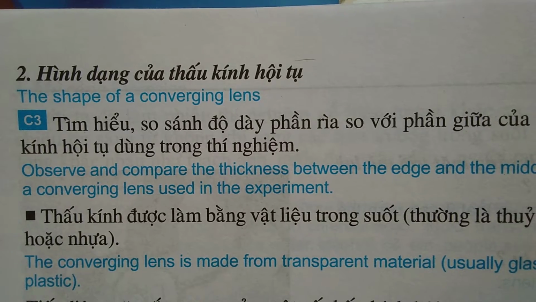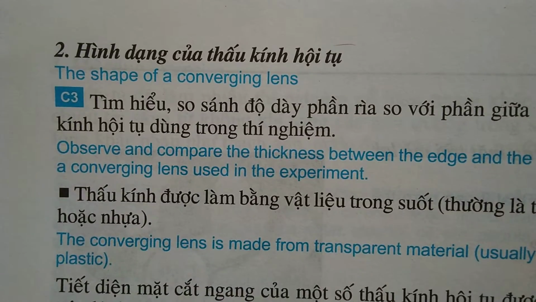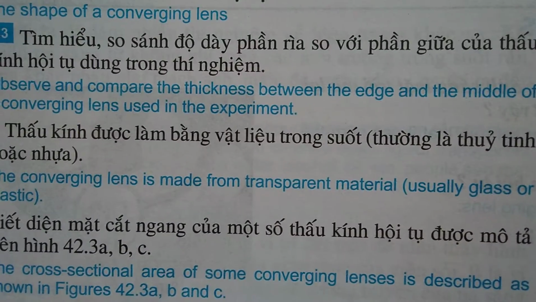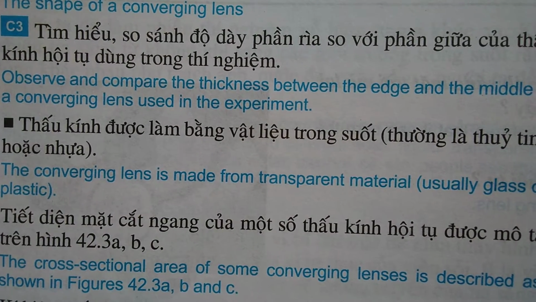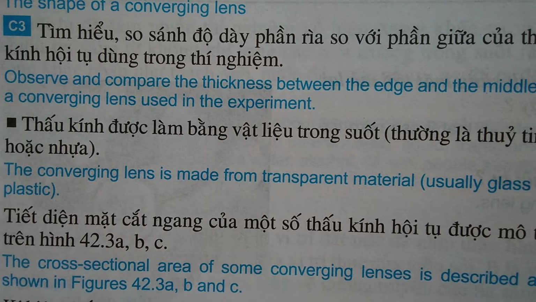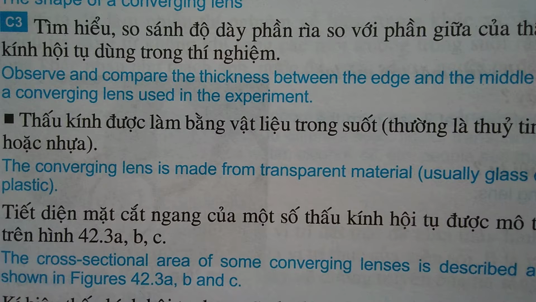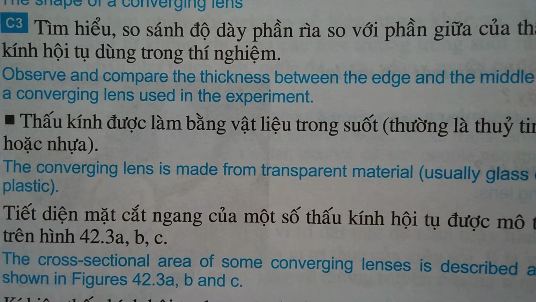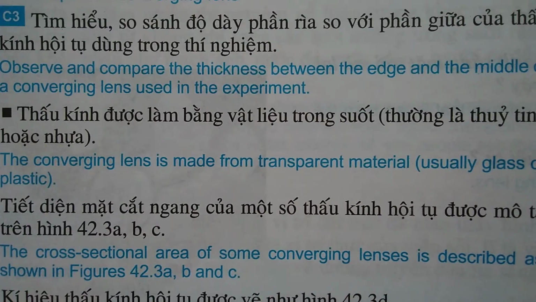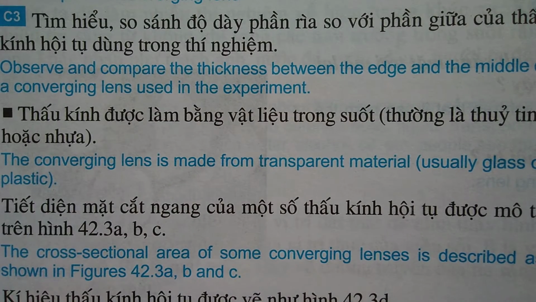Observe and compare the thickness between the edge and the middle of a convergent lens used in the experiment. The convergent lens is made from transparent material, usually glass or plastic.